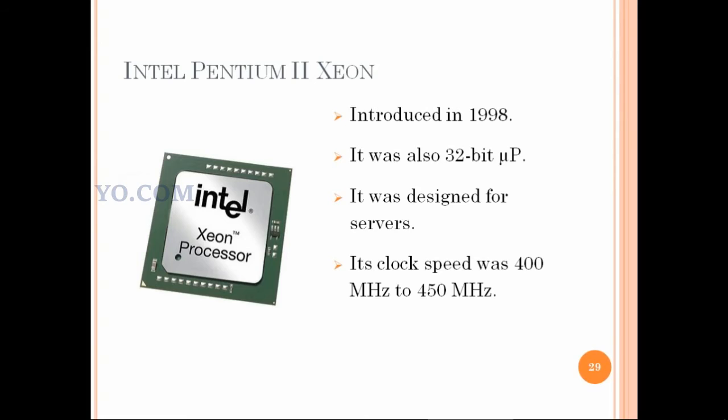Next one is Pentium 2 Xeon. This microprocessor was released in 1998. It is also a 32-bit microprocessor, mainly designed for server applications. The speed of operation is 400 MHz to 450 MHz.